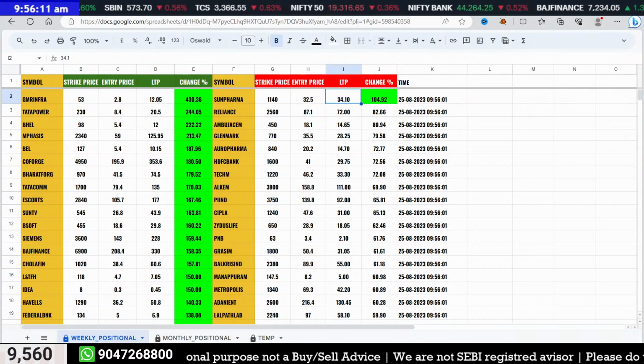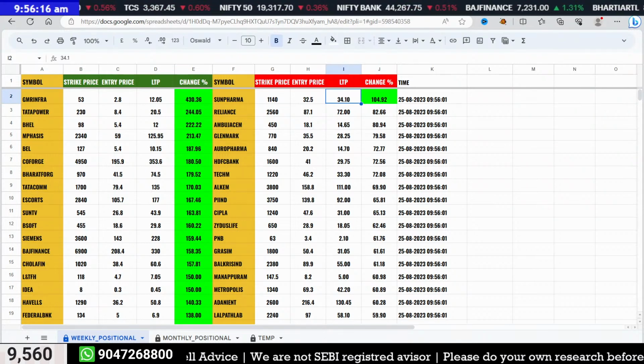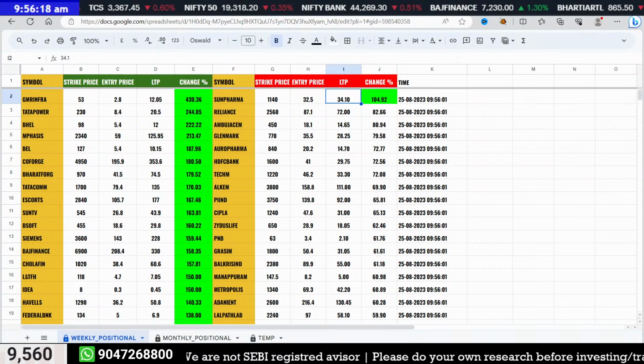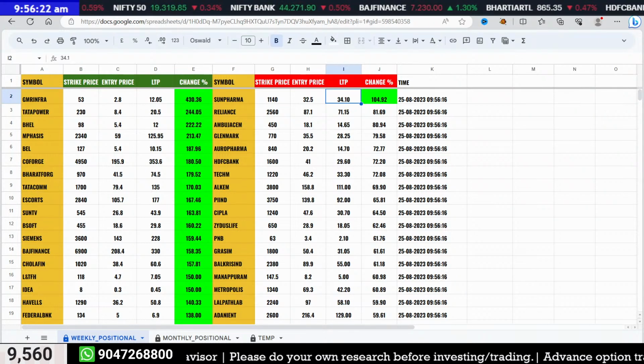Reliance, I think it has started recovering from the low. Previously, it was almost 20% higher. So now it is trading around 82%. So that was moving lower from our entry point.